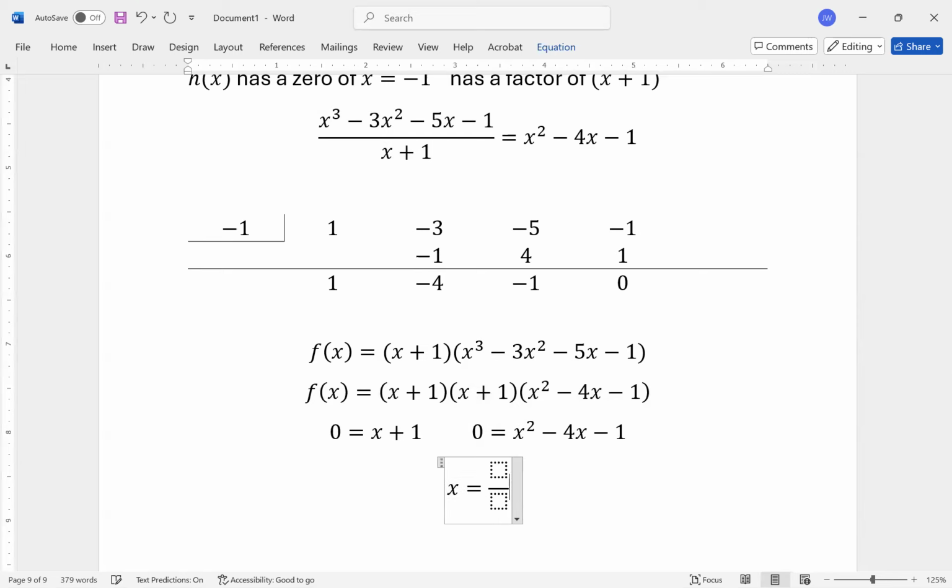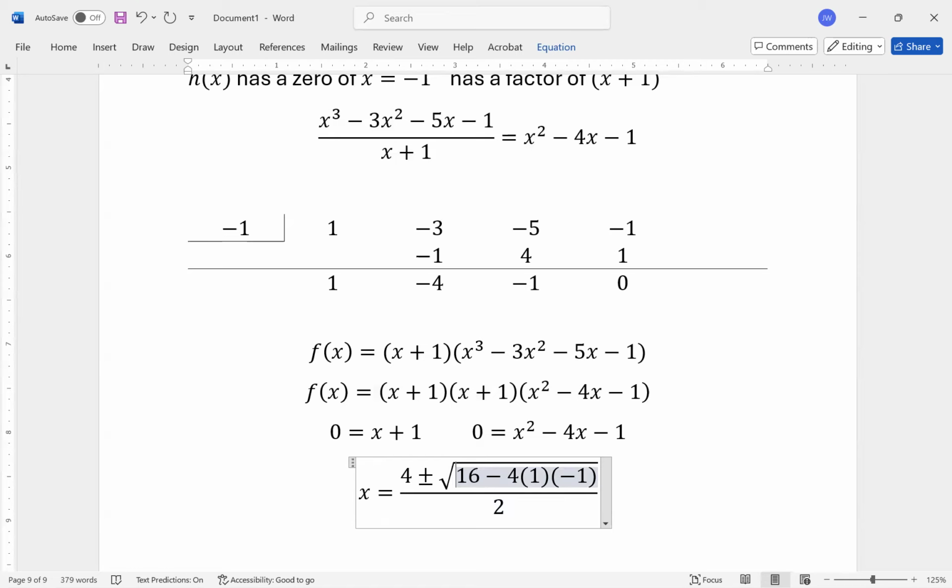When the quadratic is set equal to 0, I say opposite of b, that's going to be a +4 plus or minus the square root of b squared, which is 16, minus 4 times a, which is 1, times c, which is -1, all over 2 times a, which is 2 times 1.